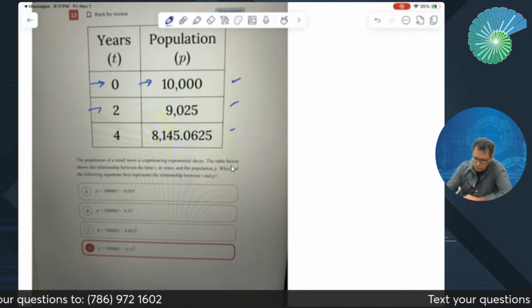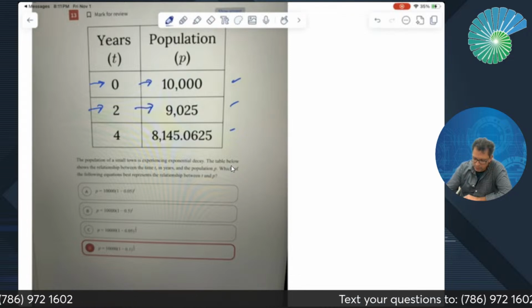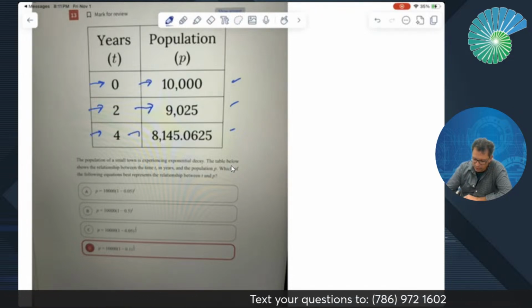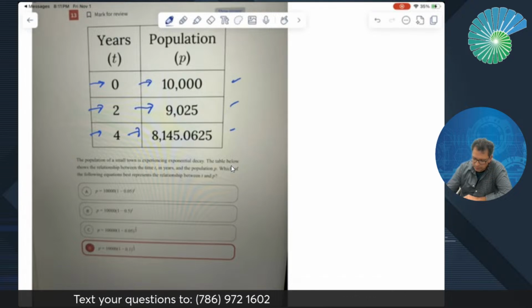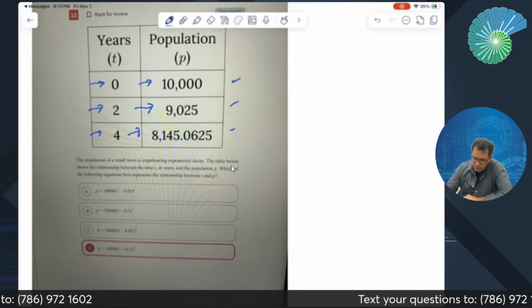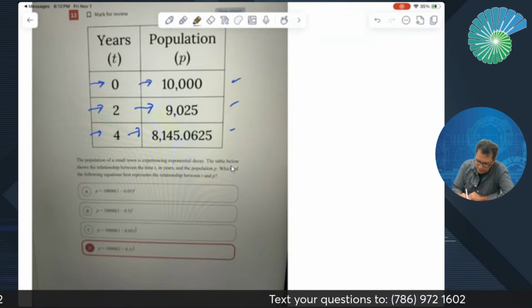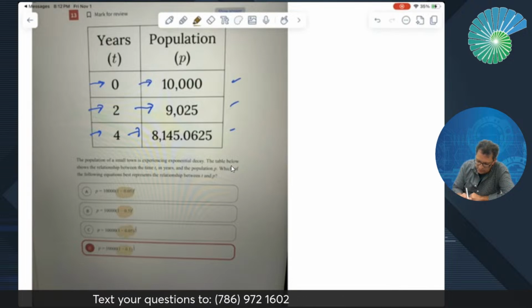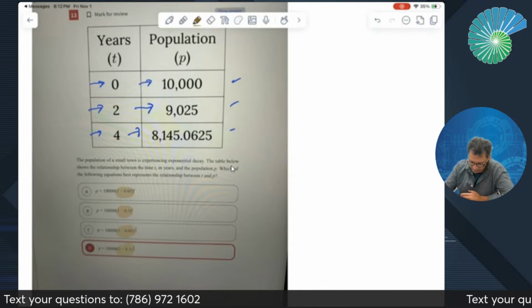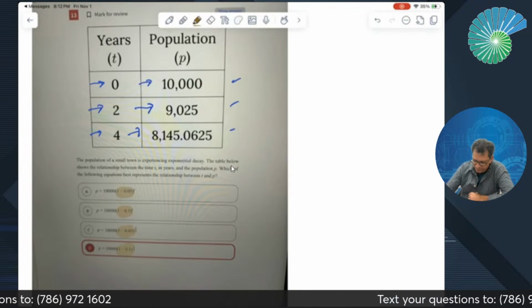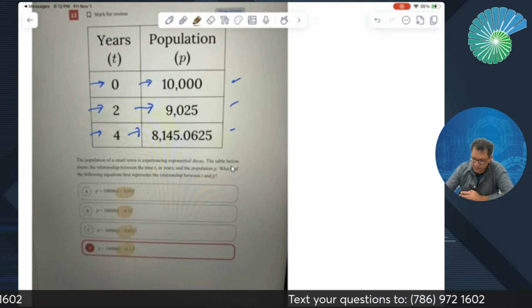If you plug in a 2, you get this value, and if you plug in a 4, you get this value. It is exponential decay, but that doesn't help me because all my choices are decay, so I cannot eliminate anything just by knowing that it is decay.